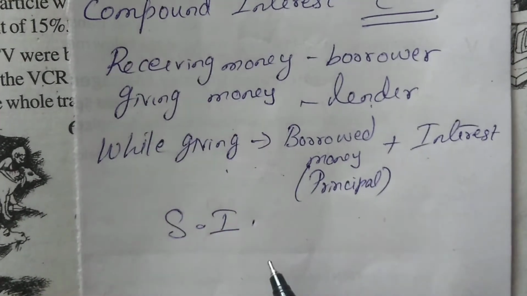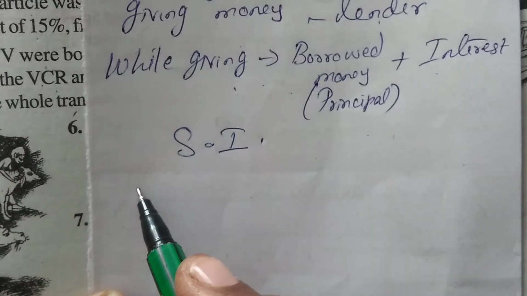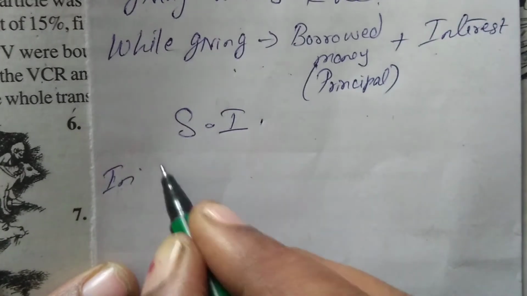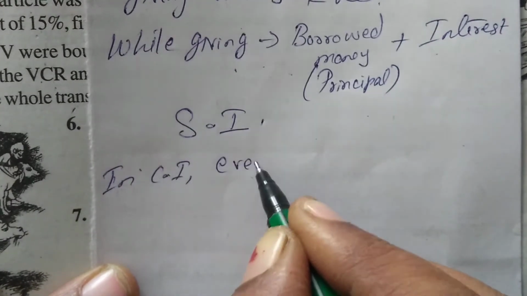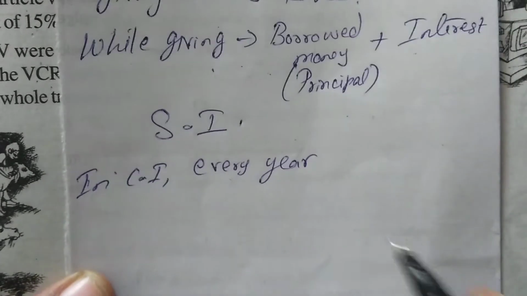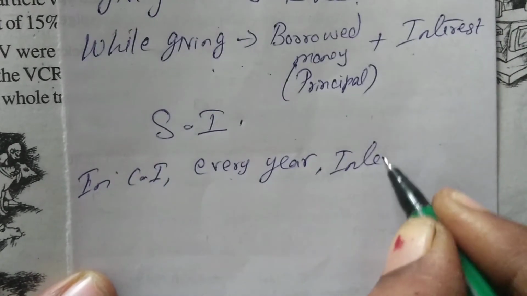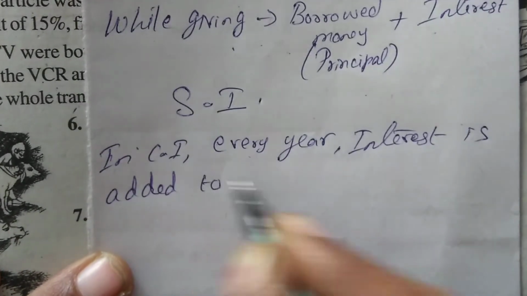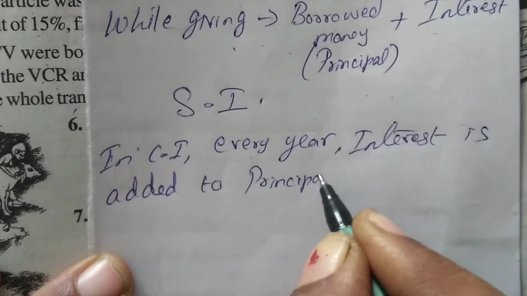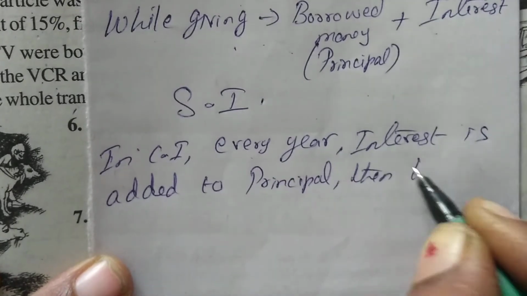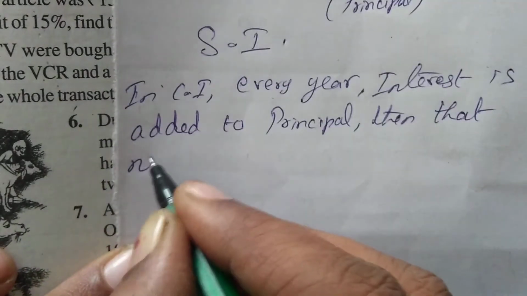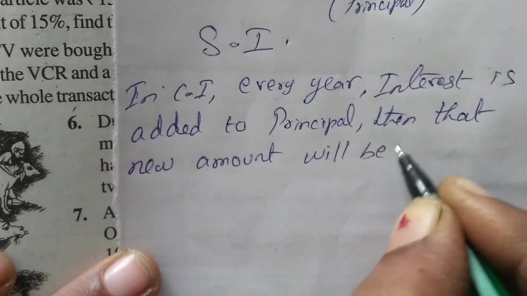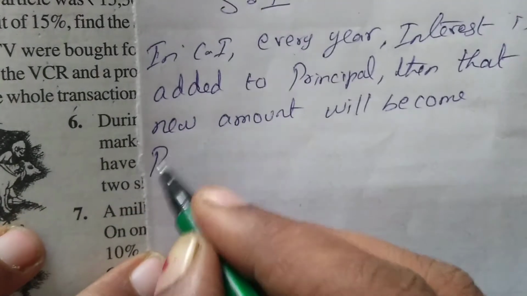But while doing compound interest, what will happen? In compound interest, every year, after every term, interest is added to principal, then that new amount will become principal for the next year.